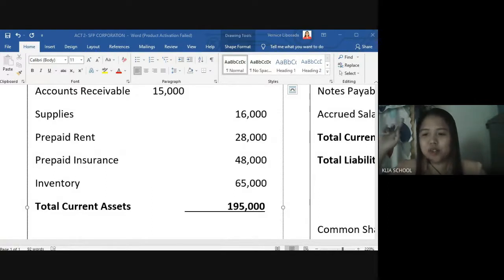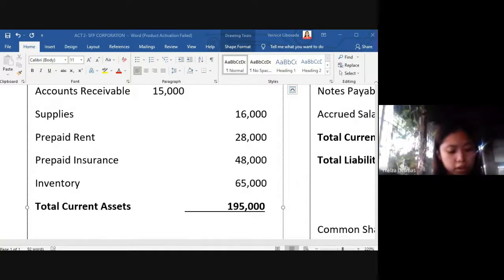Are you sure? Asan ka nagkamali, Yelza? Nabaliktad po yung inventory po, tas prepaid insurance kasi po nag-search po ako sa Google po. Okay.